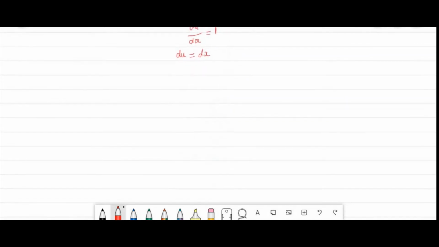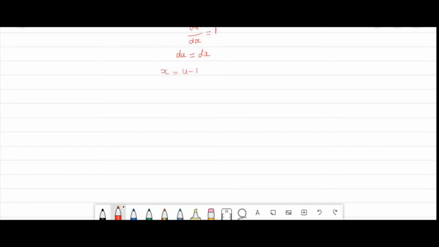We can also say, if we make x the subject of the formula, x is equal to u minus 1.